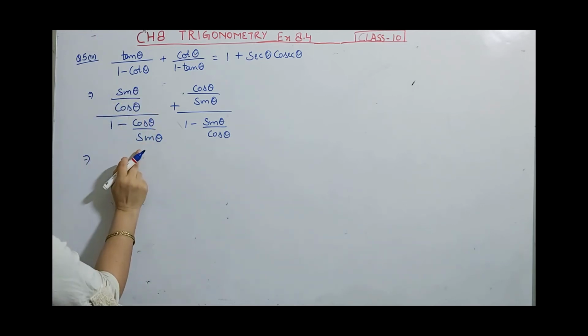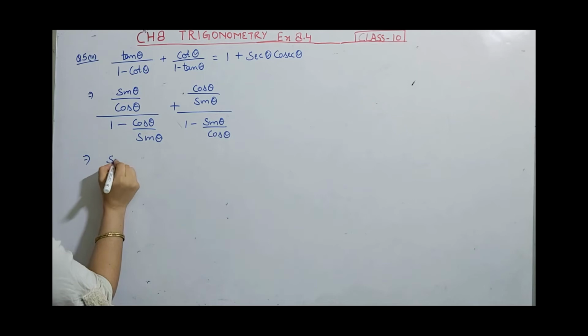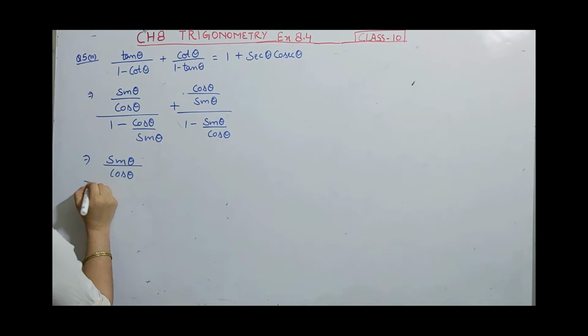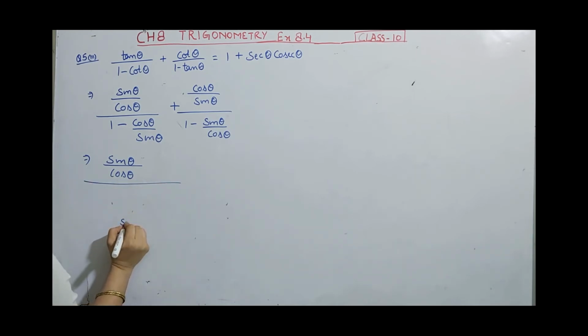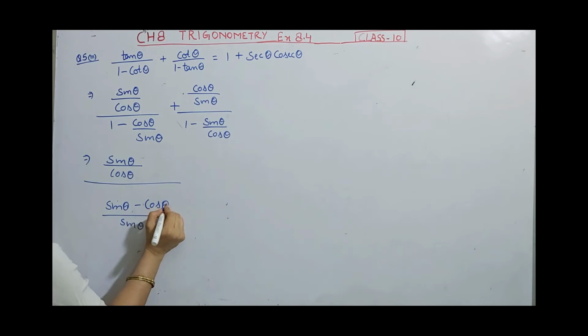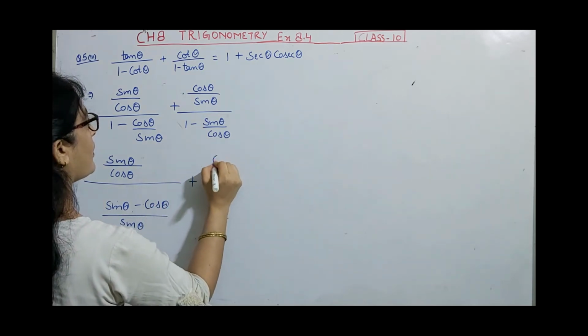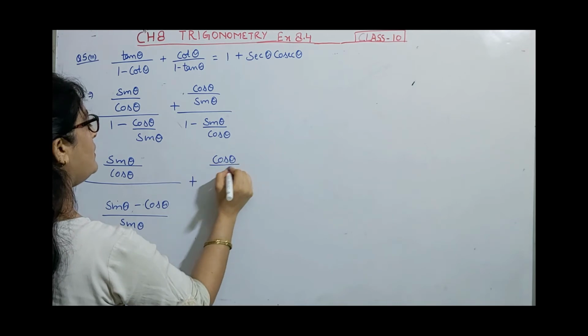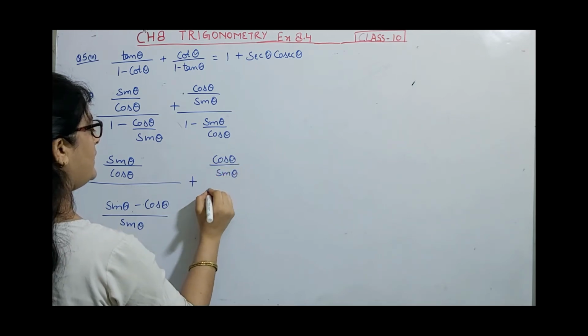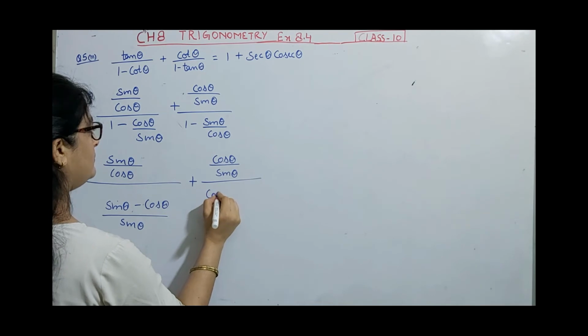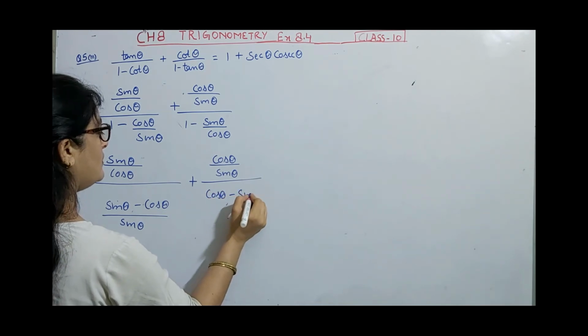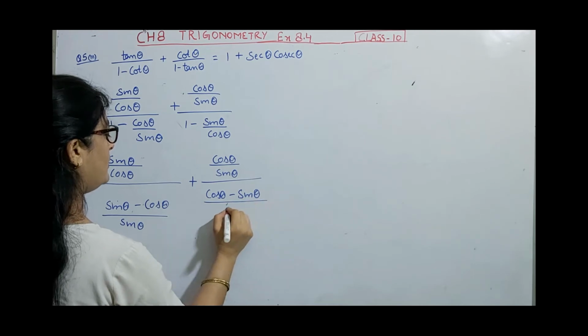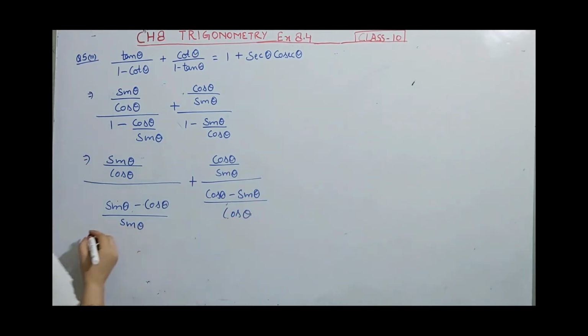Next step, here take the LCM of this, it becomes sin theta by cos theta divided by sin theta minus cos theta over sin theta, and cos theta divided by cos theta minus sin theta over cos theta.